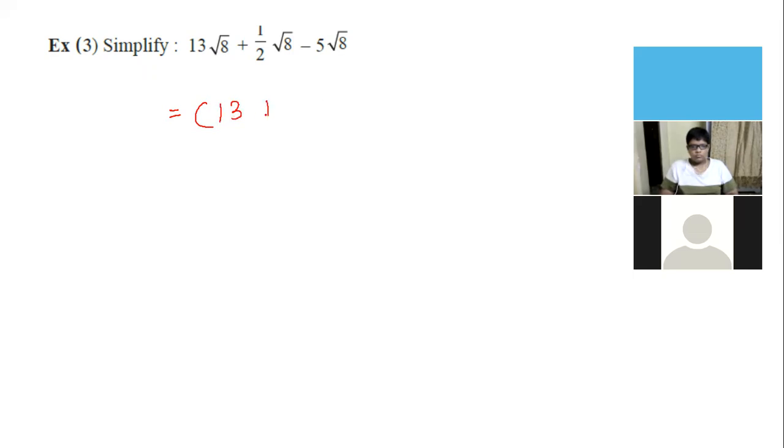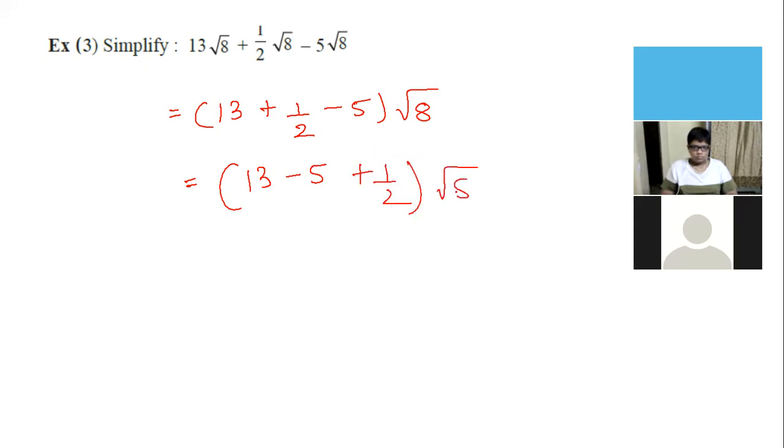So 13 plus 1 upon 2 minus 5, root 8. So root 8 is taken common outside. Did you understand this? Now we just have to solve the term inside it. So I'll just rearrange this first. I'll write 13 minus 5 plus half, root 8. Correct?